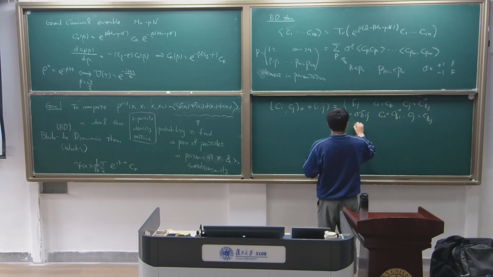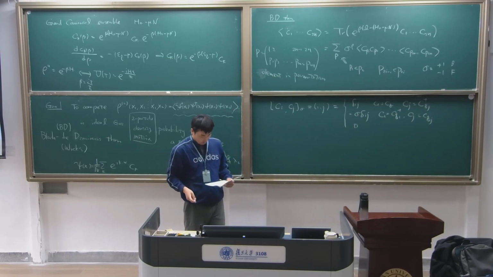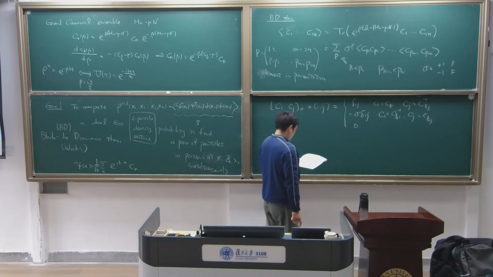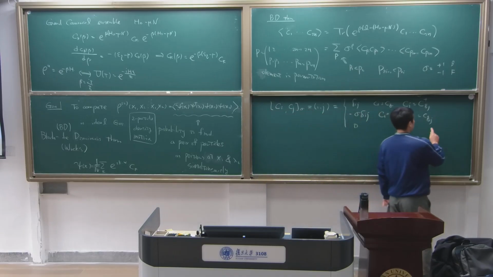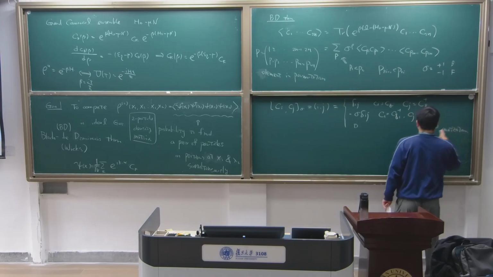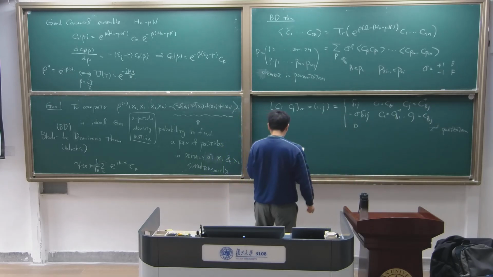That's the standard commutation relation we have for bosonic and fermionic modes. This is what we learned from second quantization. Essentially, this is a restatement of second quantization. So let's apply them.